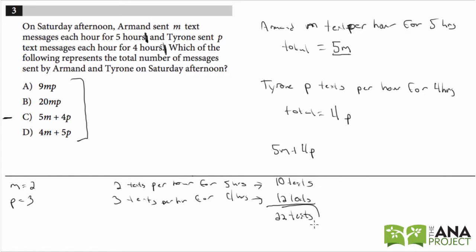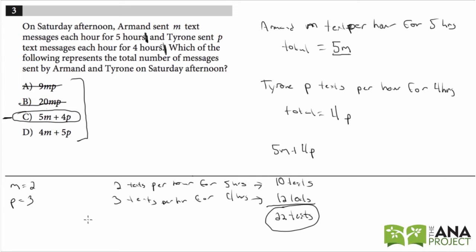That's not 22, so that's wrong. 20 times 6 is, I believe, 120, which is way over 22. How about 5 times M? 10 plus 5 times 2, 10 plus 4 times 3, 12. That's 22. That's another way to do it.